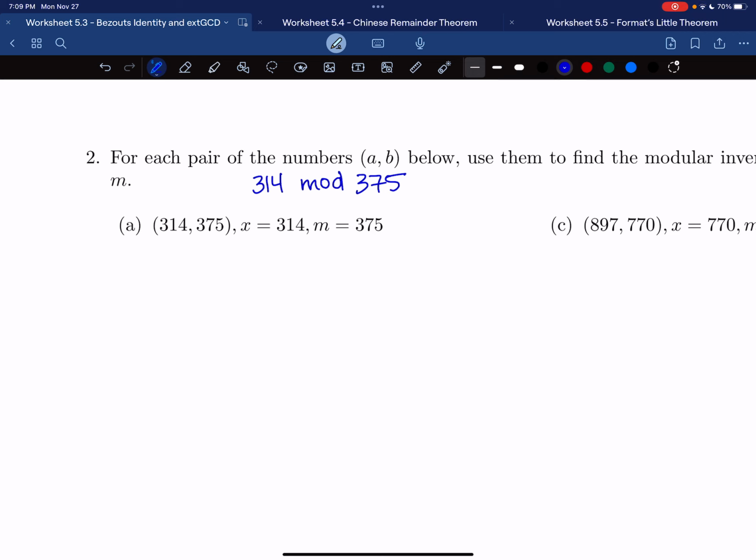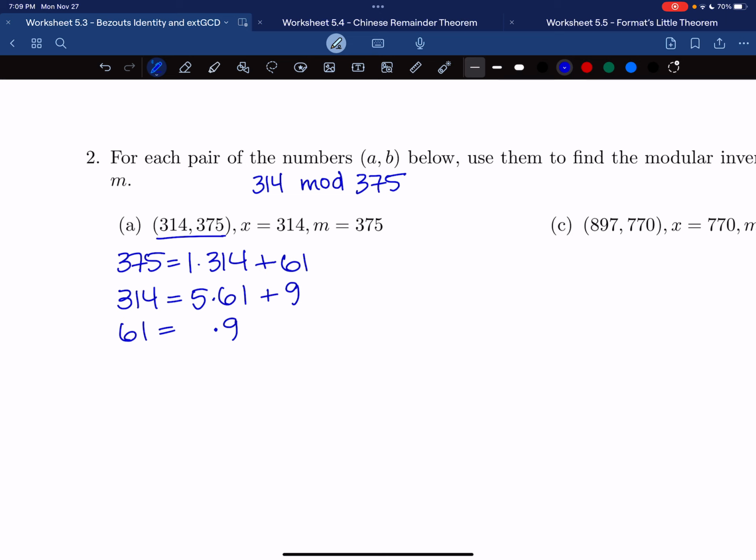And so we'll check. To find the GCD of 314 and 375, 375 is equal to 1 times 314 plus 61. 314 is, how many 61s can we fit in there? Can fit in 5, would be 305. So 5 times 61 plus 9. And 61 is equal to how many 9s? 6 times 9 plus 7.